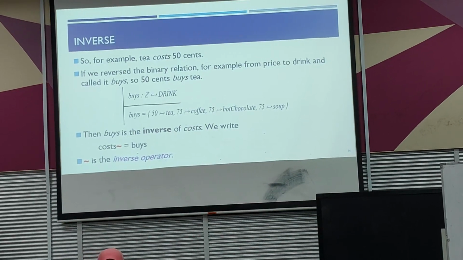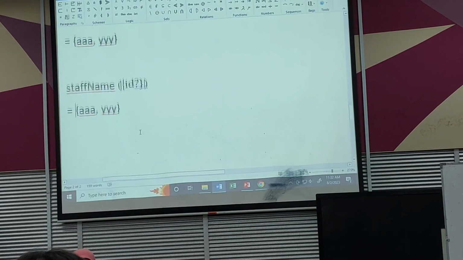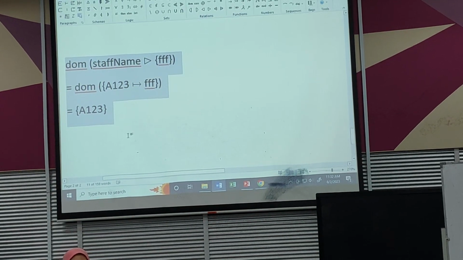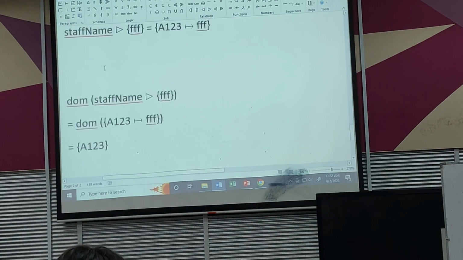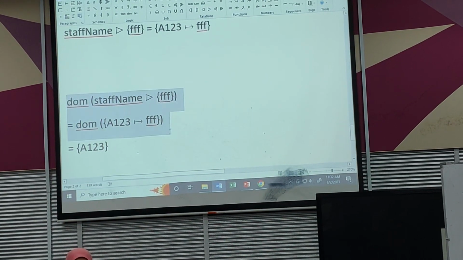Okay, for example, let's say just now, this one, we use the domain. So this one uses the range restriction. I have this.